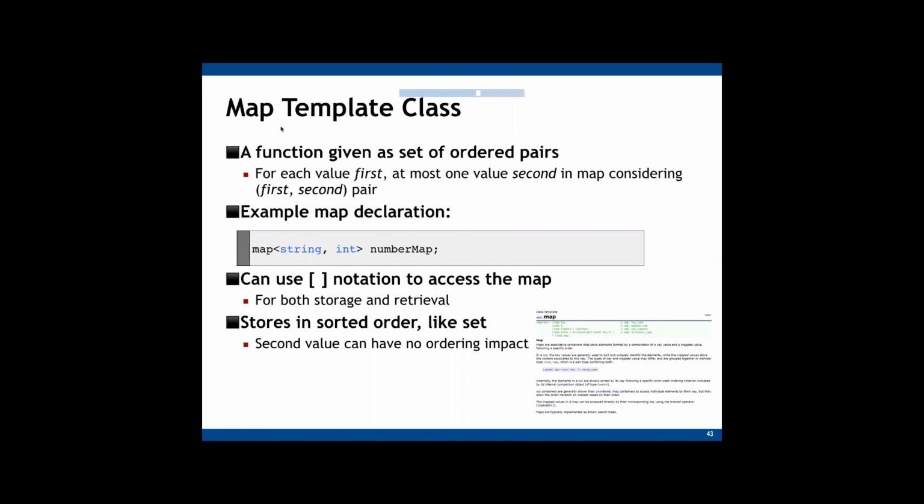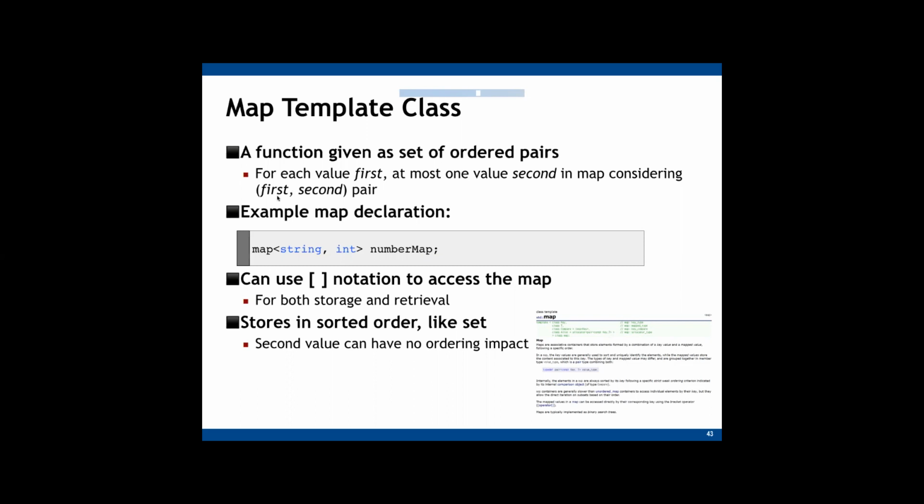Okay, now let's talk about the map. Map is also another associative container, which stores a set of ordered pairs. The first is a key, and the second is the value that maps to the key.